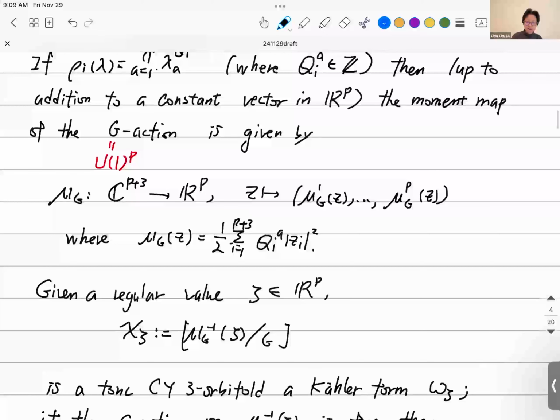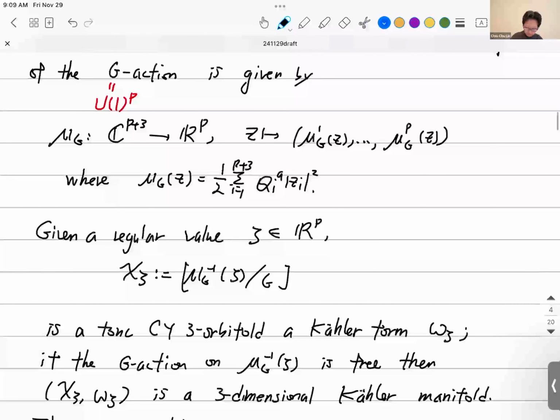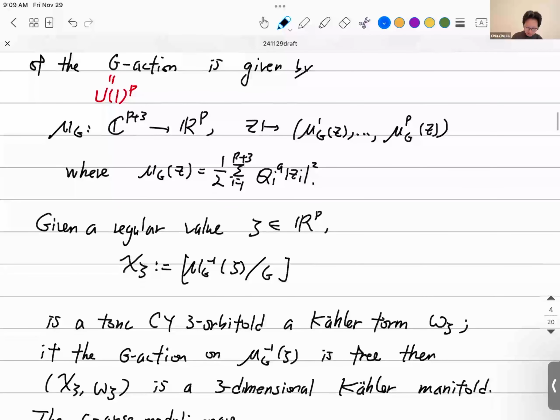More generally, it will be a toric Calabi-Yau 3-orbifold, and the Kähler form omega_zeta is determined by zeta.